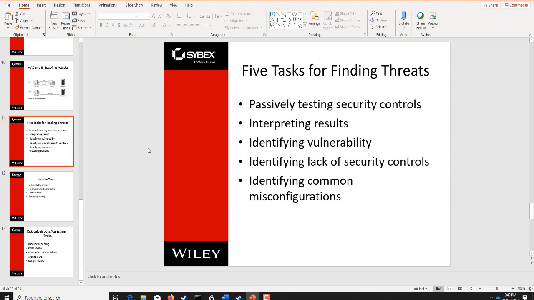This is really helpful in GPOs, group policy objects, network configurations in routers and switches, password length, password complexity, things of that nature that are commonly overlooked or are misconfigured, as it suggests, by the sysadmin.